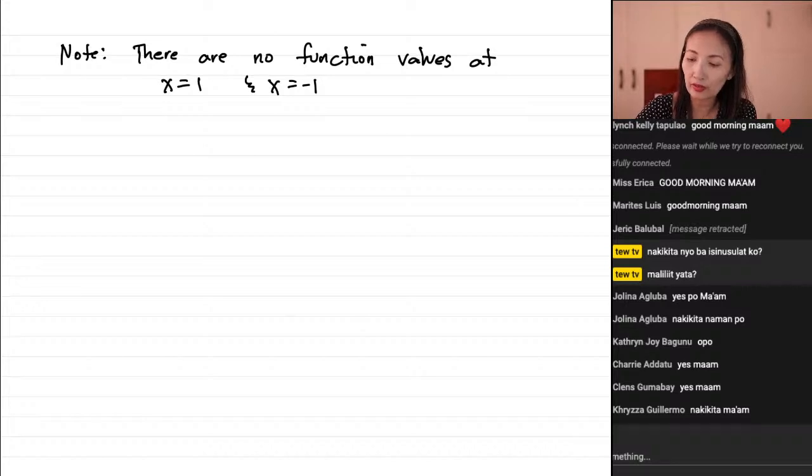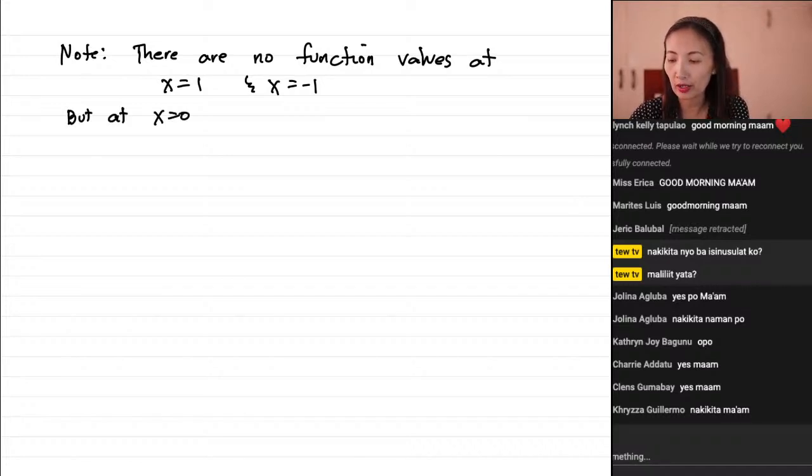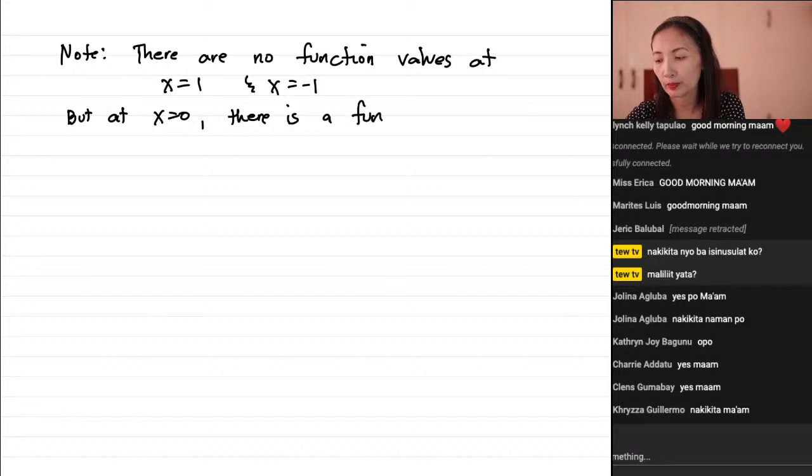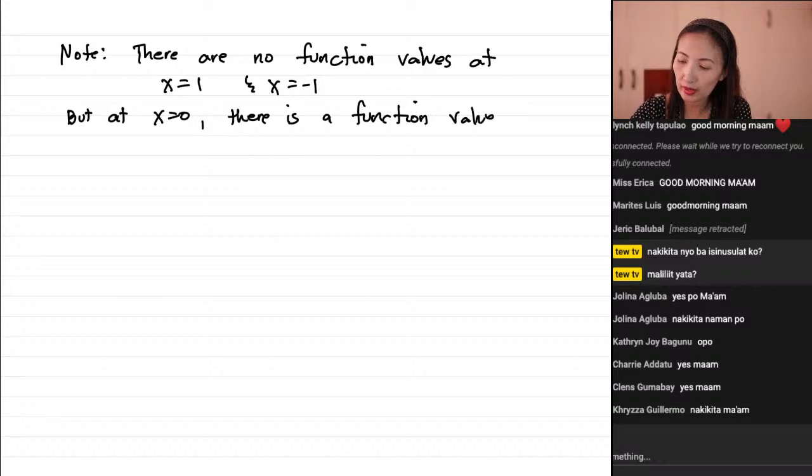But at x equal to 0, there is a function value, which is 0. Remember that the point (0, 0) is the x and at the same time the y-intercept from our step number 2.